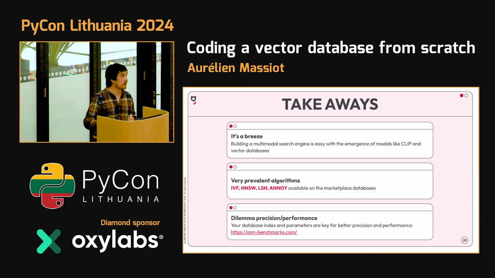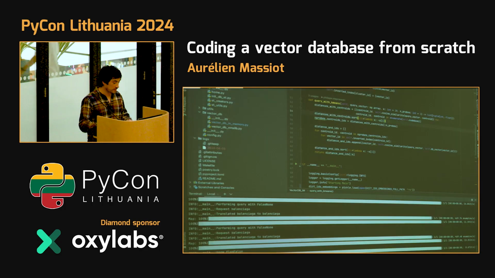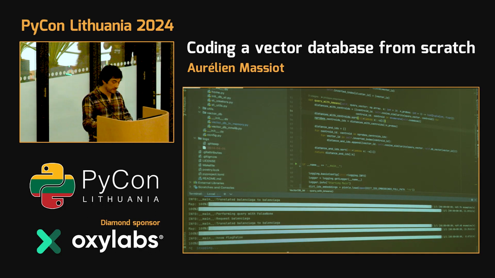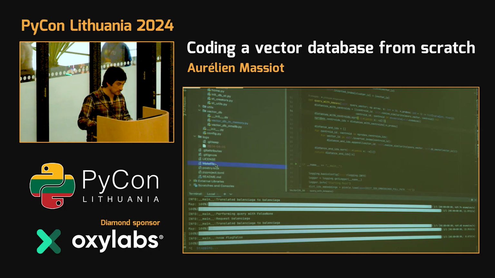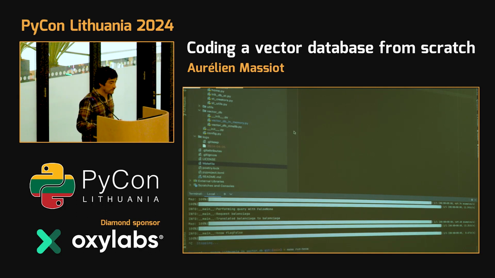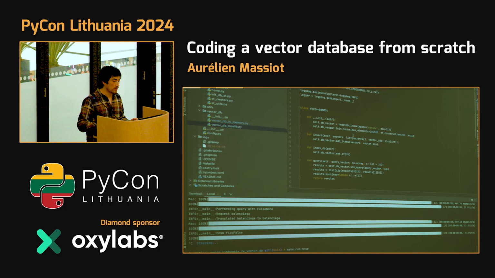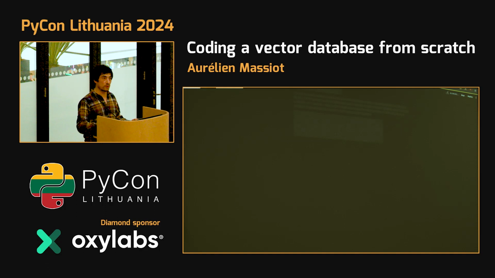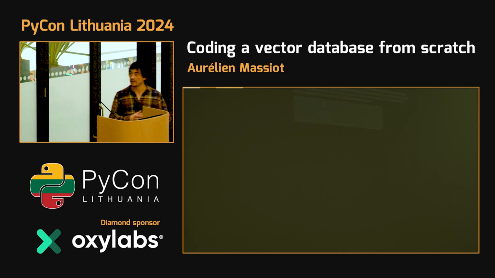There are a lot of papers for this, but you have a library for this that is called HNSW lib that you can embed into your vector database. And this is a very powerful one. Of course, I will not code it because it's really, really hard, but you will see that it's really, really faster.